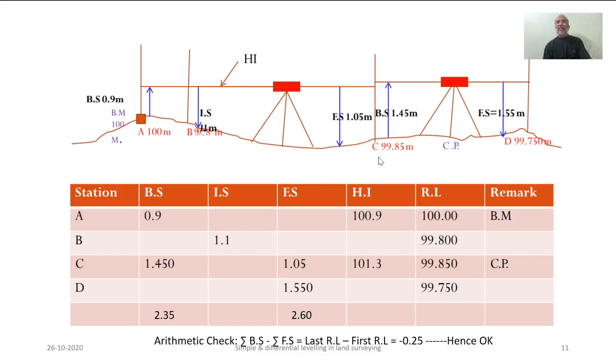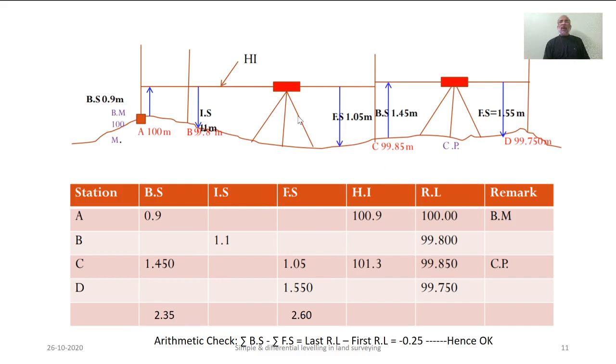Hence, station C becomes the change point here. Again, on station D, the reading 1.55 is the last reading, and that's why it is entered as foresight reading here. So I hope how we enter the readings is clear here.